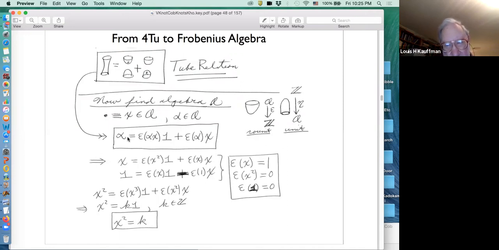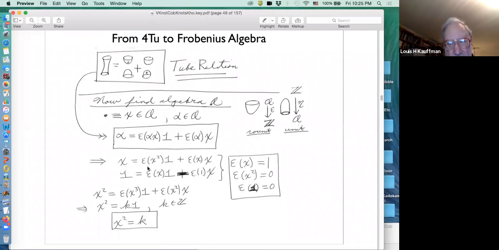So then we can put in x and find out some relations. And we did this last time, and I'll just go through it again. If I put in alpha equals x, then I get epsilon of x squared times 1 plus epsilon of x times x. And that tells me that epsilon of x should be 1, and epsilon of x squared should be 0.